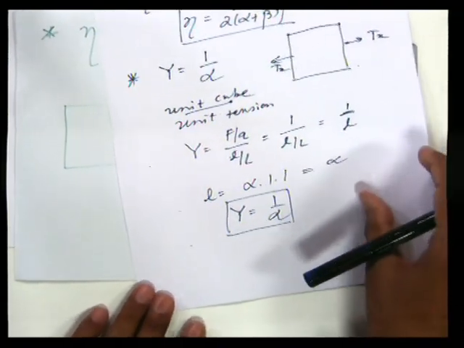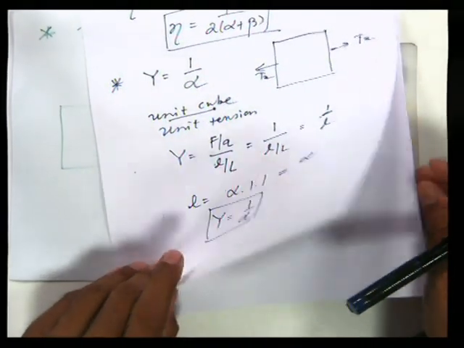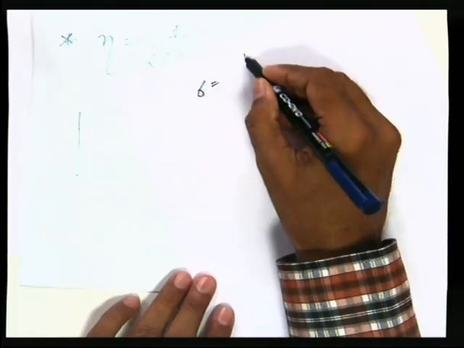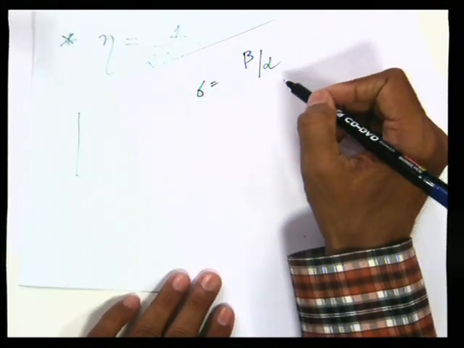So here there are three important relations for deformation of a cube. See here on the screen, the first relation is bulk modulus, second is modulus of rigidity, and third one is Young's modulus. For Poisson's ratio, the symbol is sigma, and it is equal to beta by alpha. This is the fourth relation.